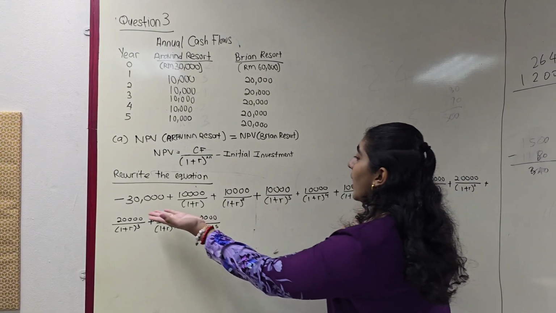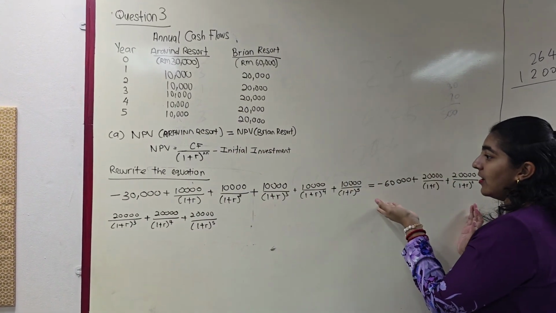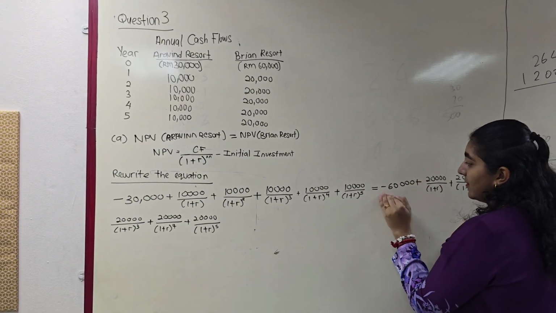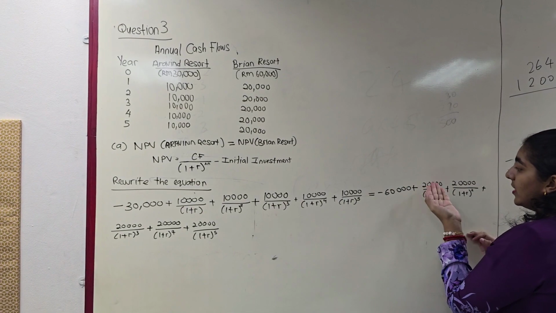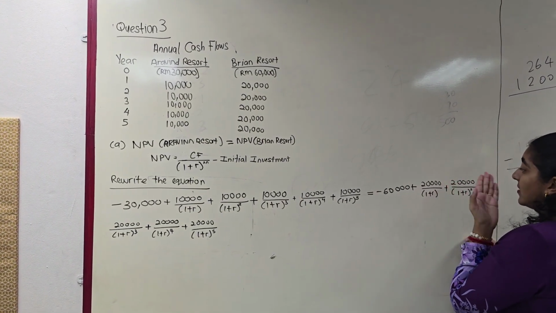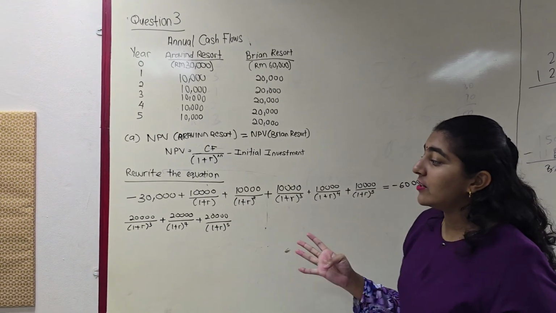This is for NPV Aravind Resort. For NPV Bryant Resort, negative 60,000, plus 20,000 divided by 1 plus R for year 1, 20,000 year 2, 20,000 year 3, 20,000 year 4 and 20,000 year 5.